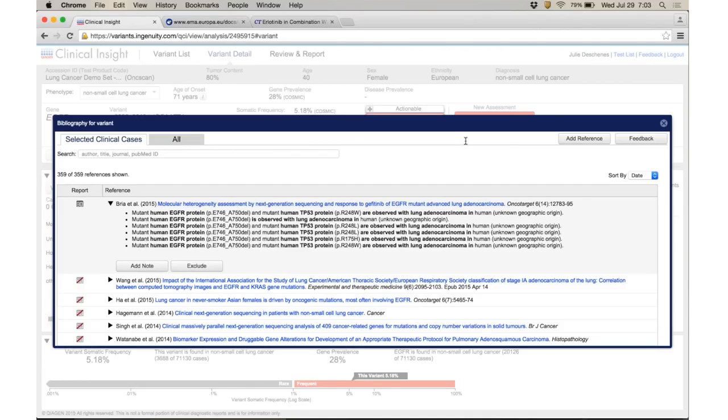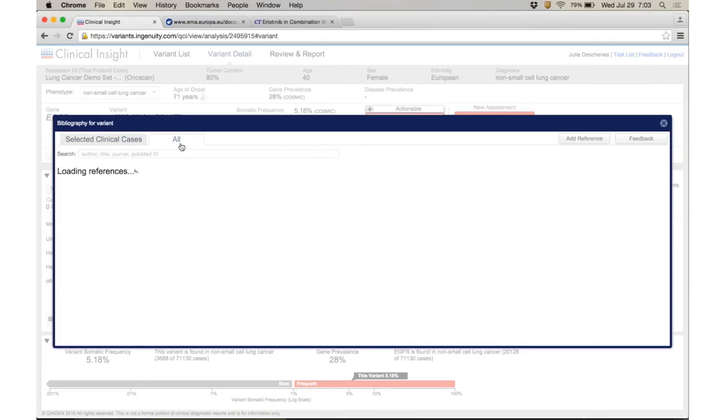This section is really the selected clinical cases, and you can go even further into the literature evidence, should you choose to do so during your workflow, and go deeper into accessing, for example, review articles, functional biology type of articles, and so forth. You will do that by clicking on the All tab.